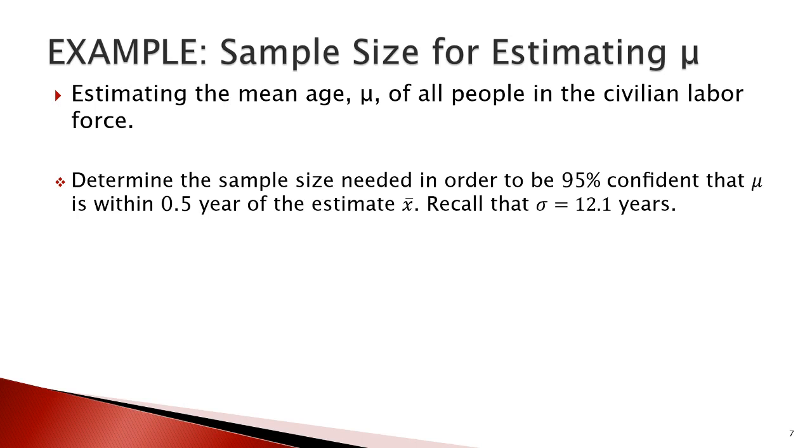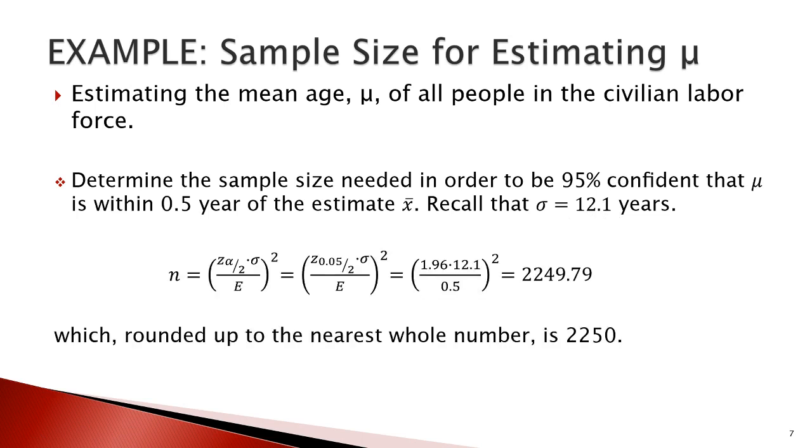That is, mu can be any value between x bar minus 0.5 and x bar plus 0.5. 0.5 is the margin of error, and recall that the standard deviation we used in the previous example is the same for this example. That is 12.1. Okay.